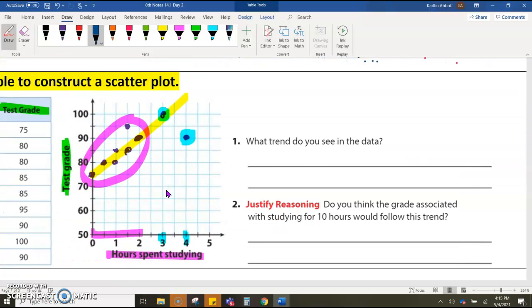We don't have a big cluster of dots here. It is not going down. It is going up from left to right, so it's a positive trend line. Use the axes: as the hours spent studying go up, what else goes up? Test grade.